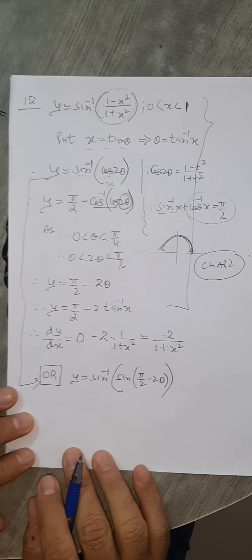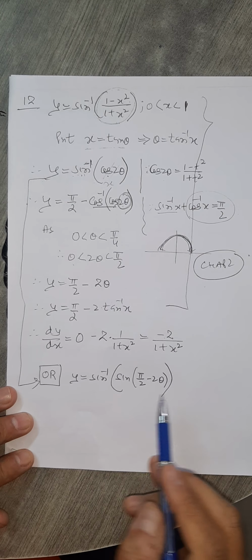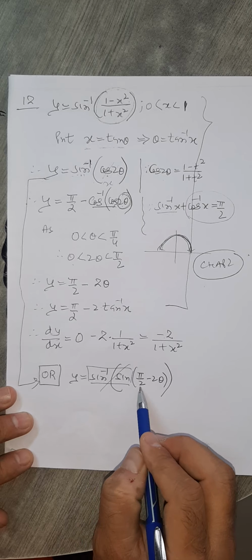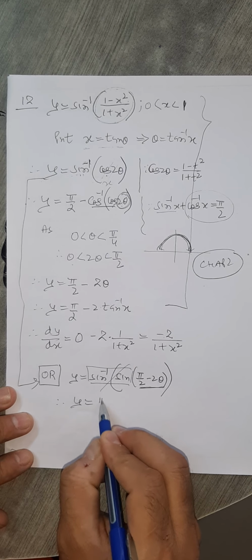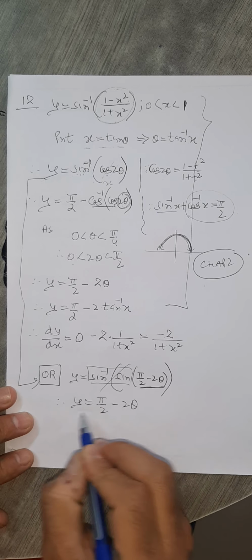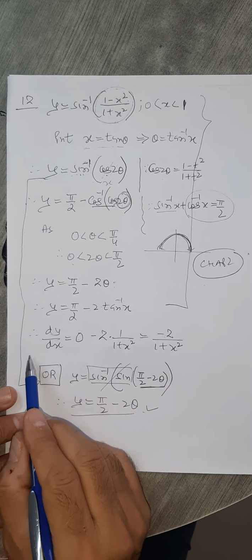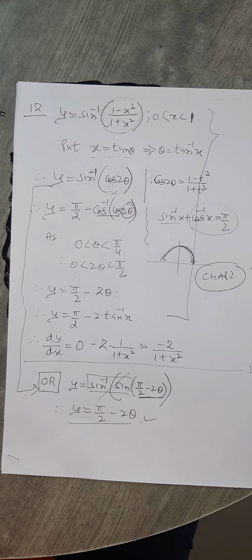What I did was, instead of cos alpha, I wrote sine of pi by 2 minus alpha. You can cancel this, and you can show that this is in the domain, not a big task. So you are getting pi by 2 minus 2 theta. See, you are getting this step. The choice is yours, whichever way you want to do it, remember. Okay, fine.